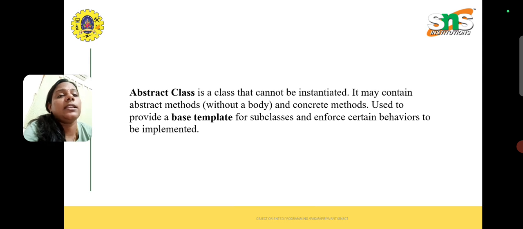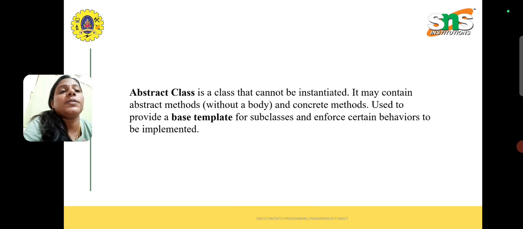The next thing is the abstract class. An abstract class is a class that cannot be instantiated. What is the vocabulary of abstract generally? It is a generic thought of the entire program. We cannot give a very detailed description in this case.